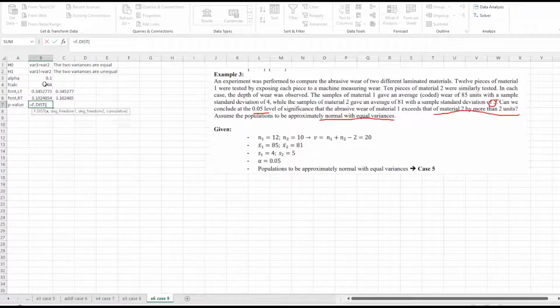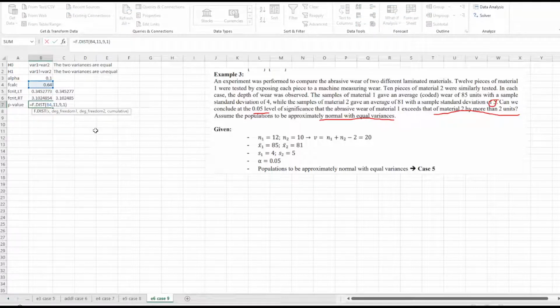And our x is this calculated value right here. Degrees of freedom natin is 11 and 9. Okay? And we do cumulative 1, meaning from 0, yung pinaka left portion, tapos up to this particular F calculated. Okay? And we get 0.2392.